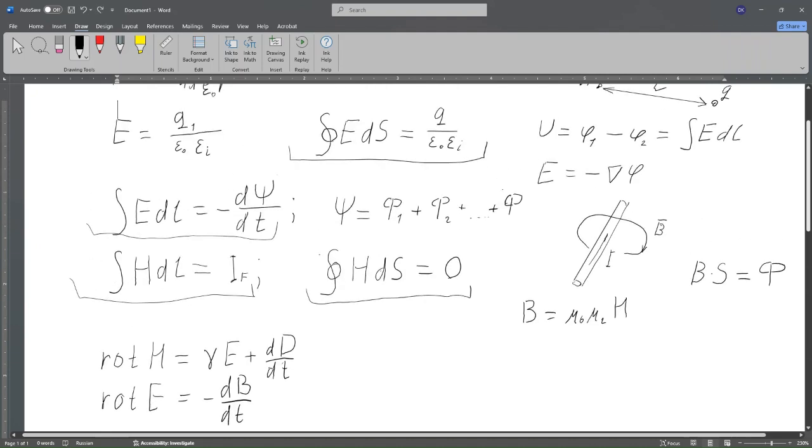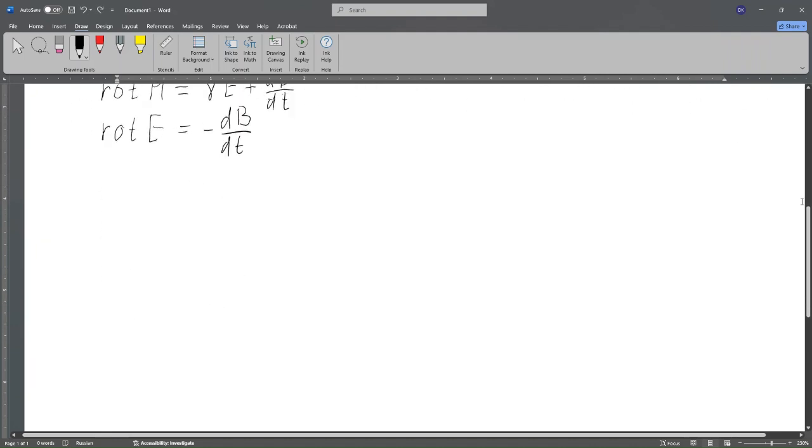Oh, sorry, it's wrong. Divergence of B in this time equals 0.